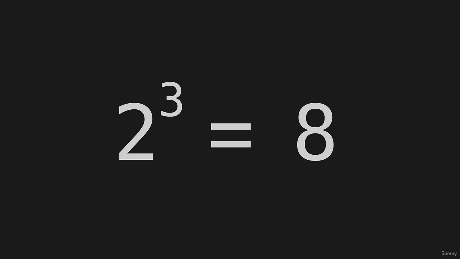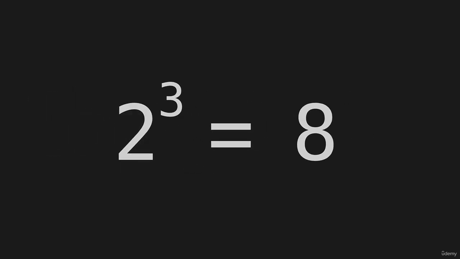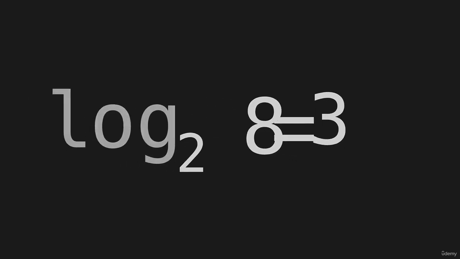We're not going to get heavy into the math and logarithms, we're just going to do something basic here, but I'm going to take this equation and turn it into a logarithm. 2 to the third power equals 8 is the same as saying log sub 2 of 8 equals 3. Okay, so let's put this back again and watch how all the numbers move.